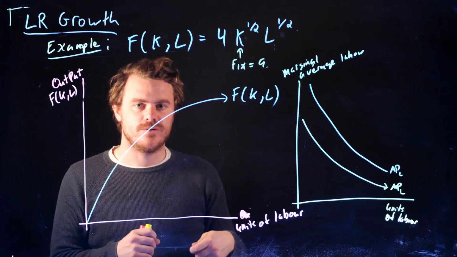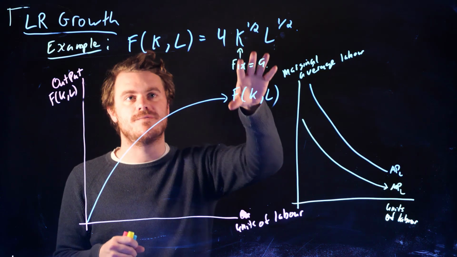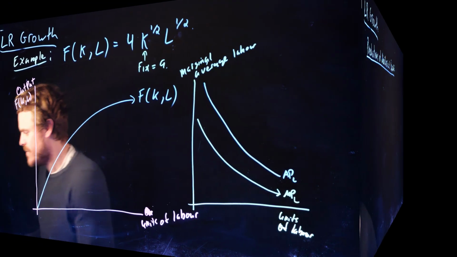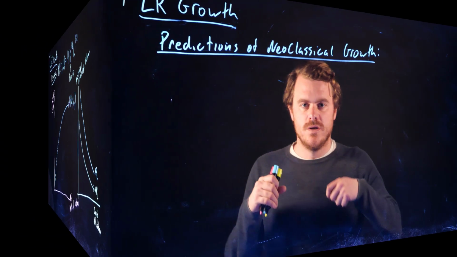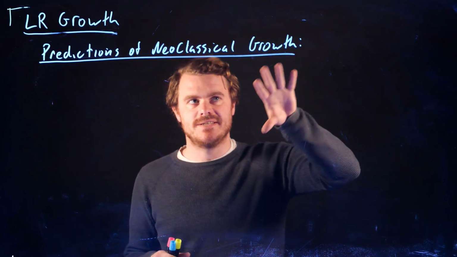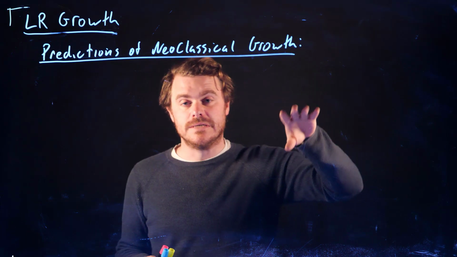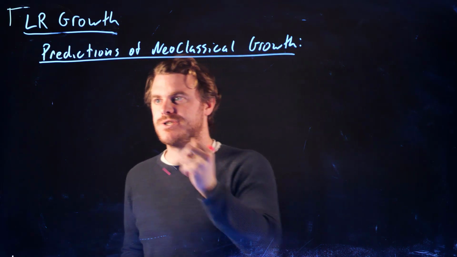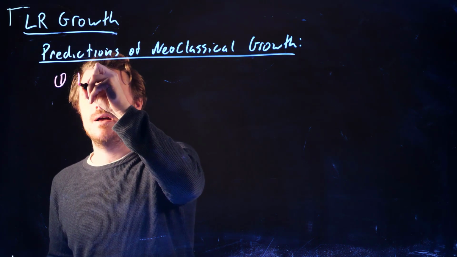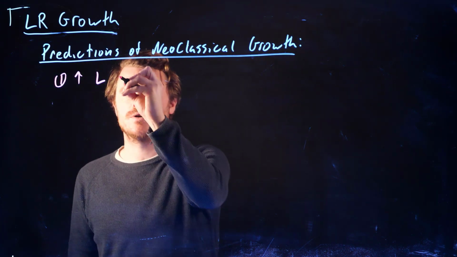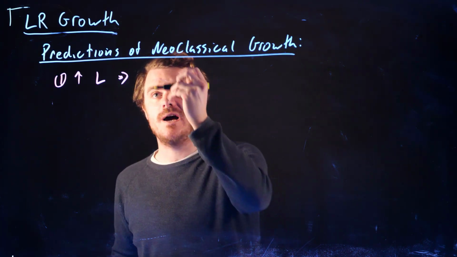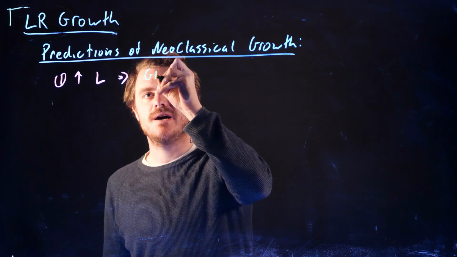Now let's talk about the predictions, and they're all going to come from the assumptions we've been making about the production function. Let's cover the key predictions of this neoclassical growth model. First, if the labor force goes up, output goes up, which means GDP goes up.